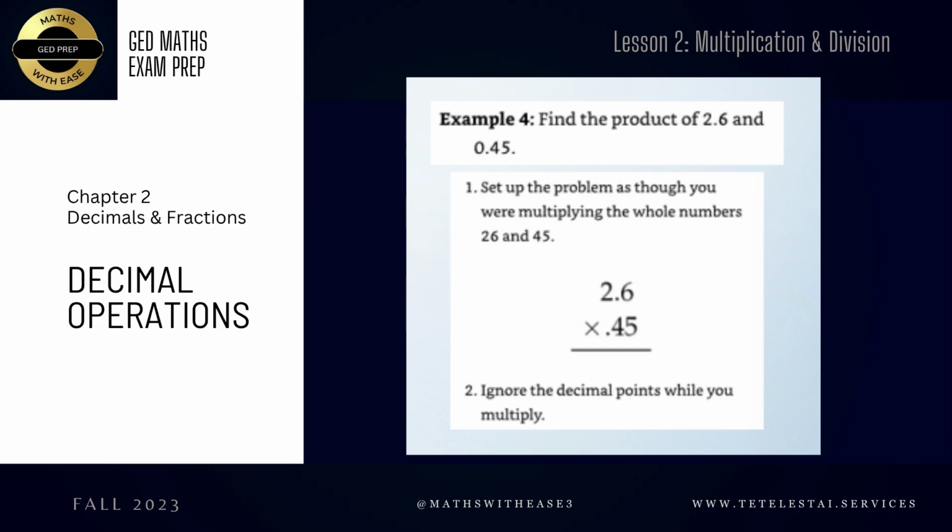So for example, if you need to find the product of 2.6 and 0.45, write down the problem as though you were multiplying 26 and 45. In other words, ignore the decimal points and just carry out your multiplication as usual, okay?